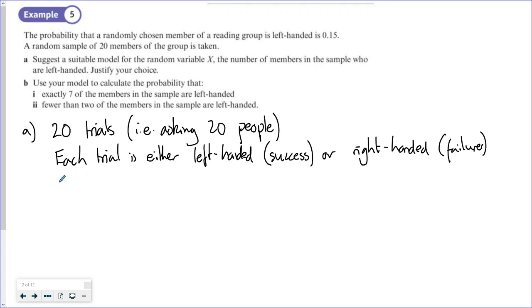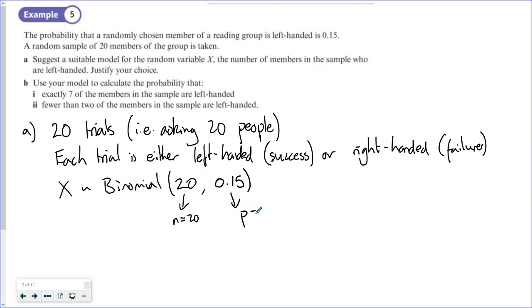So we can say that X is going to follow a binomial distribution. And we're doing 20 trials, so n is 20. And the probability of success is the probability of someone being left-handed, because we're counting the number of left-handed people, which is 0.15.